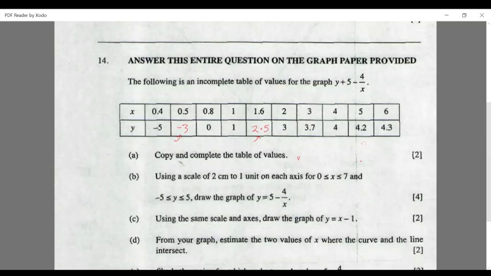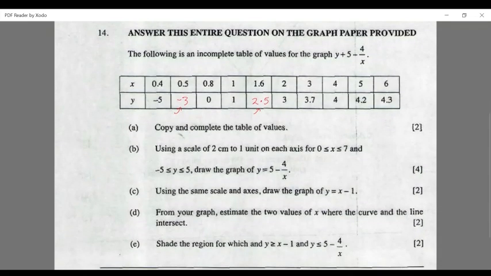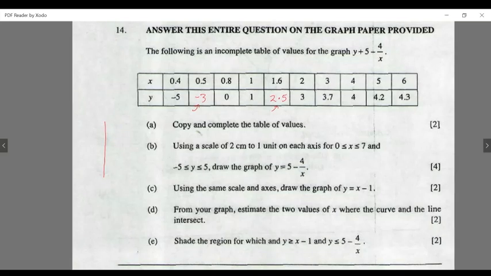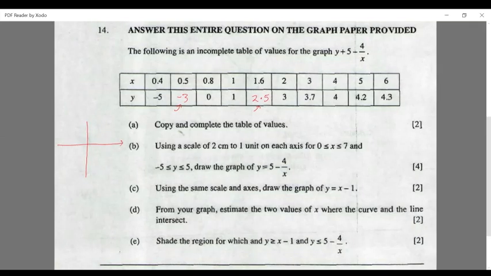Using a scale of 2 centimeters to 1 unit for each axis, draw the graph of y equal to 5 minus 4x. You need to be super careful here when you have your graph paper, and you need to set up your axes. The first thing you do is set up the axes. I'm just going to draw a template axis here, and then where you see your 2 centimeter, you draw your mark for each thing.